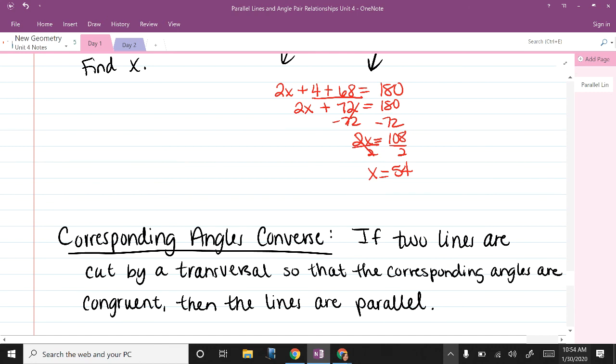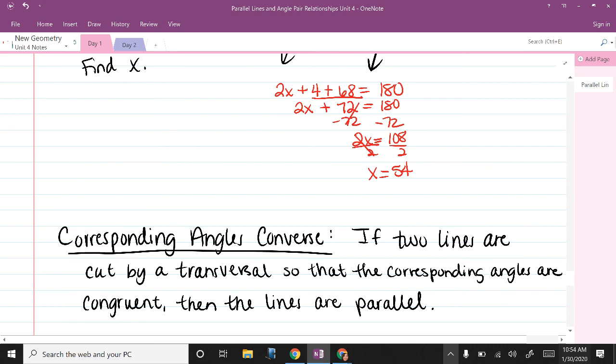Y'all see the difference? So the first one tells you that parallel lines cut by a transversal have congruent corresponding angles. This one says if their angles are congruent, then the lines are parallel. So you're going to use the converse postulates and theorems to prove that the lines are parallel.